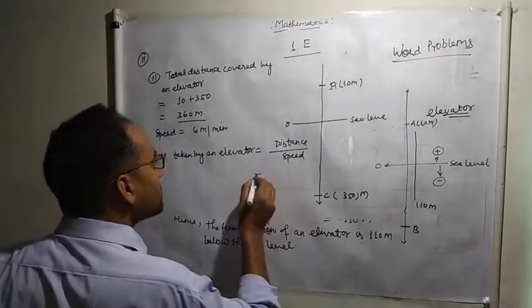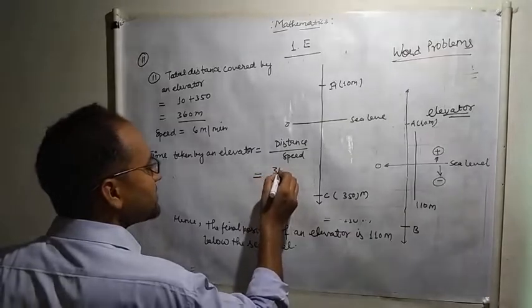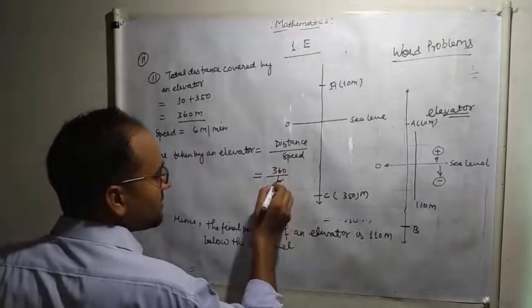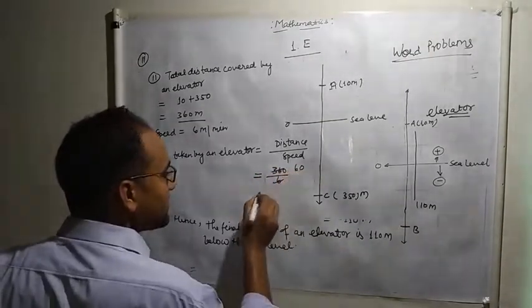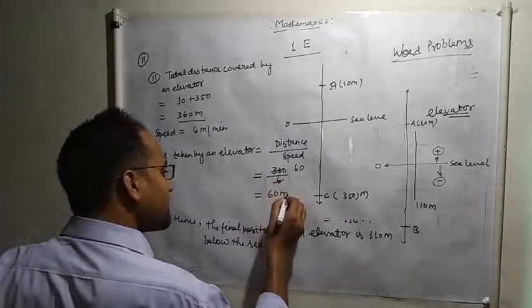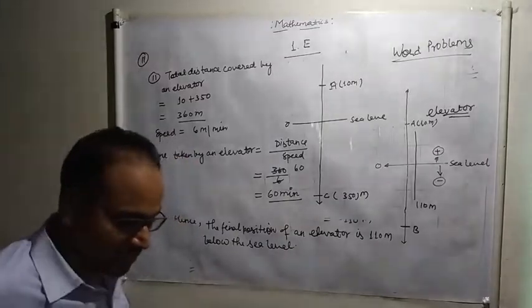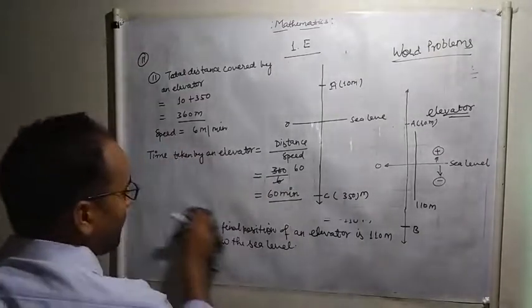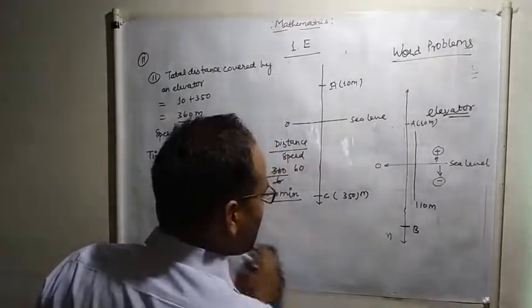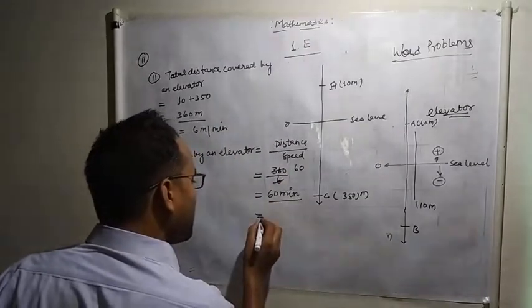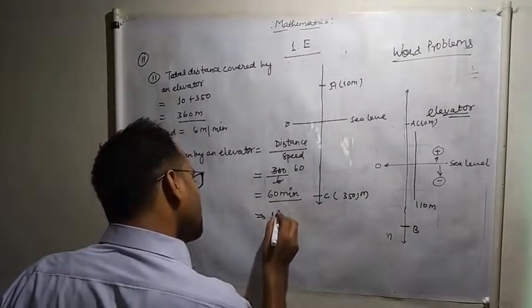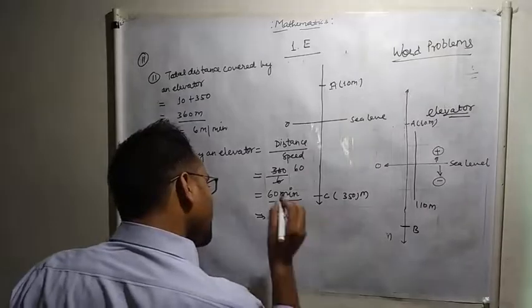So distance is 360 upon 6, cancel this out, and you get 60 minutes. And you know that 60 minutes is equal to 1 hour.